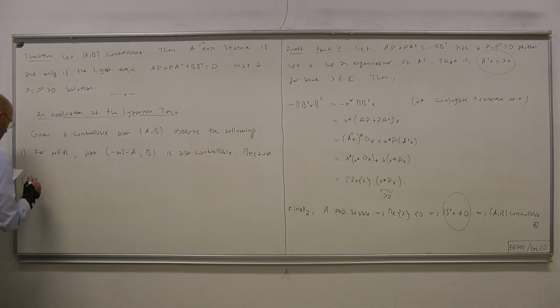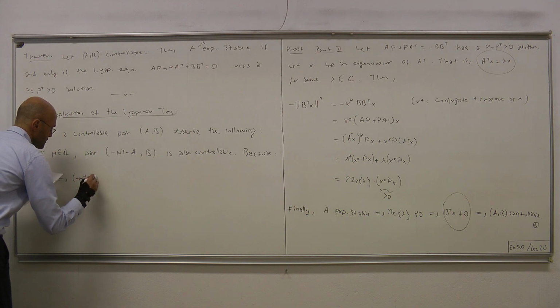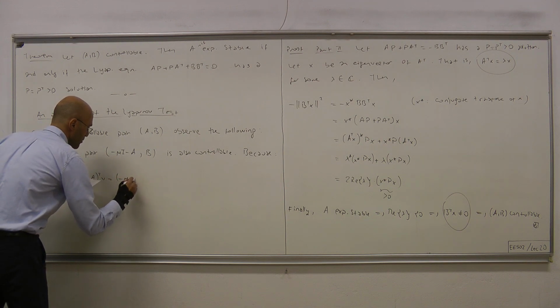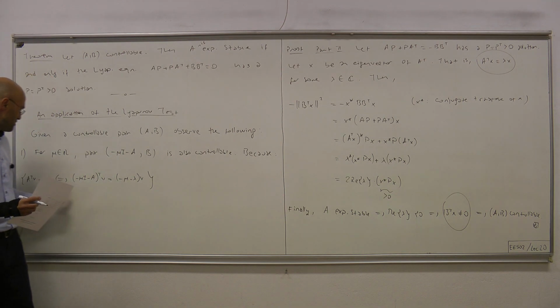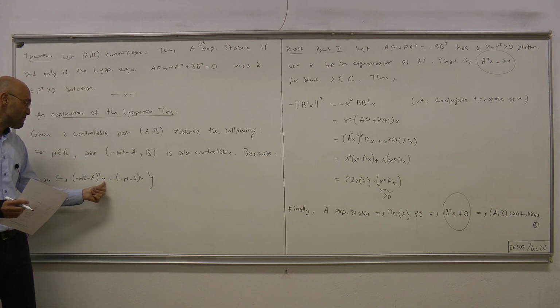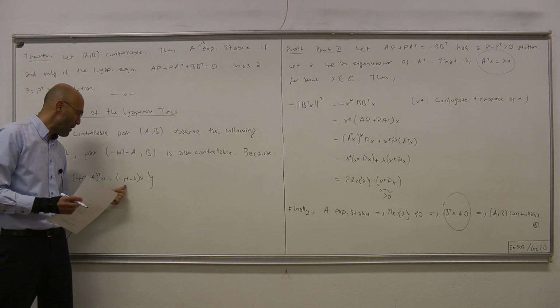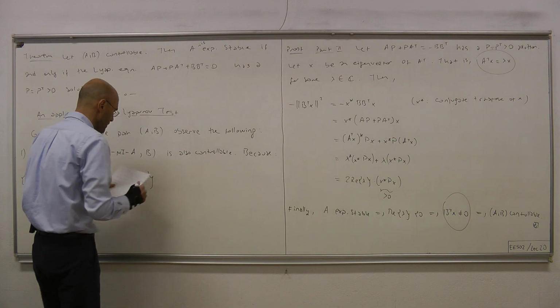So let's put that down. A transpose V equals lambda V implies that (minus mu I minus A) transpose V equals (minus mu minus lambda) V. So this means if V is an eigenvector of A transpose with the corresponding eigenvalue lambda, then that same vector is also an eigenvector of this matrix transpose with the corresponding eigenvalue being minus mu minus lambda.